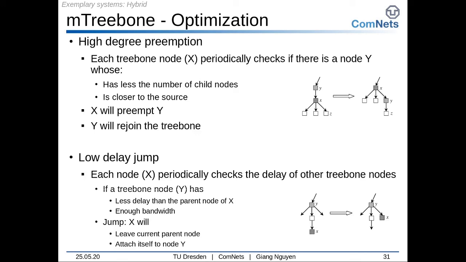In this case, Y has a lower delay than X, and also Y has enough bandwidth to accommodate X, and therefore X can directly jump to Y. So X will move from here to over there, and therefore both of those nodes will have less latency and also shorten the tree.